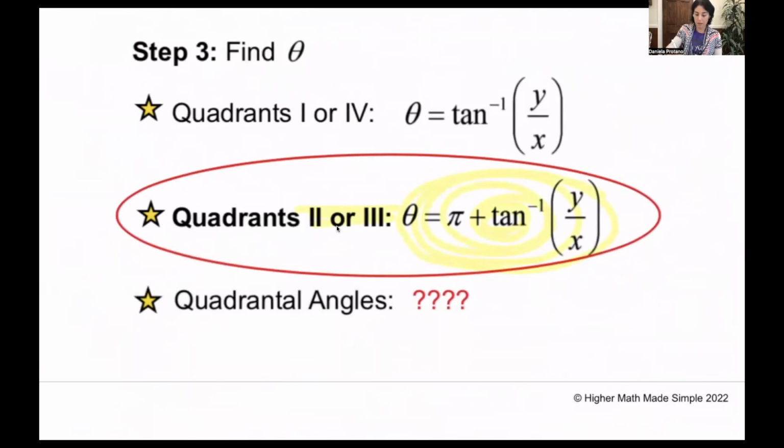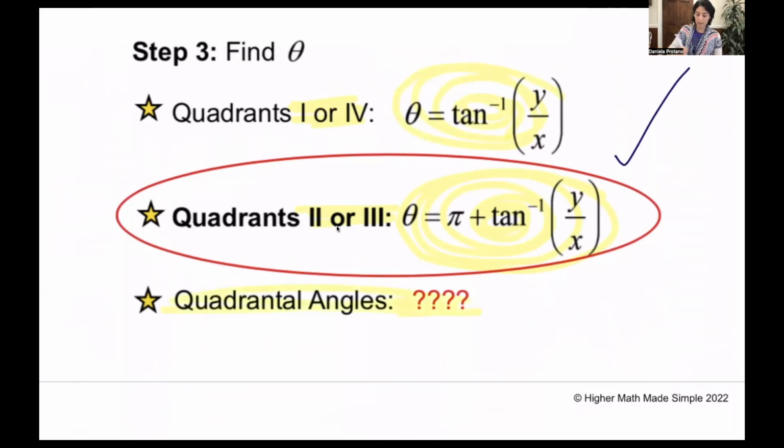If we used a quadrant 1 and 4 rectangular coordinate scenario, you would simply find the arctangent. So we use the arctangent in all quadrant 1 and 4 rectangular coordinates, but in quadrants 2 and 3, you would just have to do that extra step and add 180 degrees.